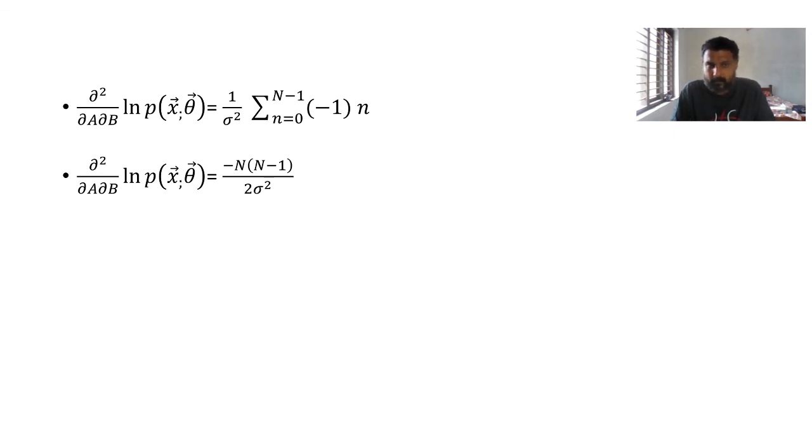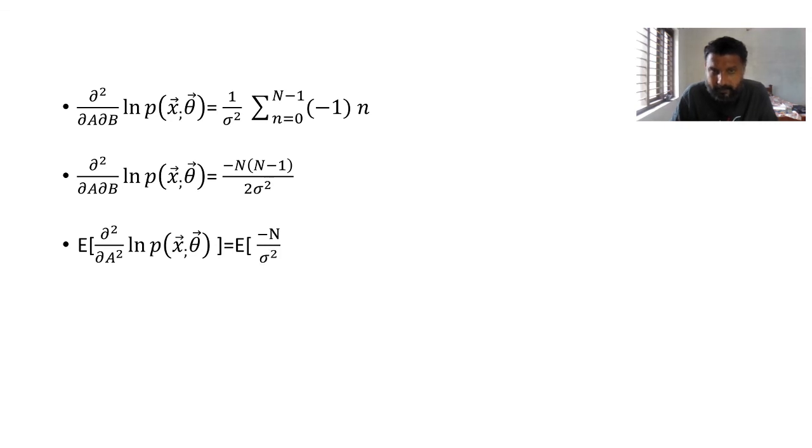So this also we have to take the expectation of. I have not indicated it in red, so just indicate this also in red because we have to take the expectation of this also. Now the Fisher information: expectation of ∂²/∂a² ln p(x;θ) is minus N by σ², which is minus N by σ² itself.